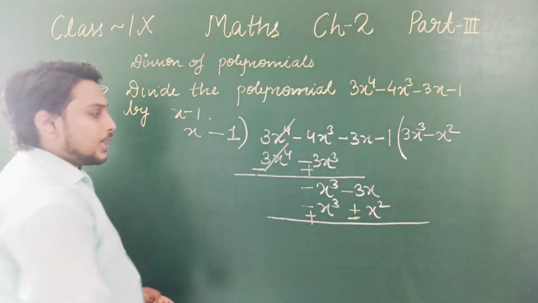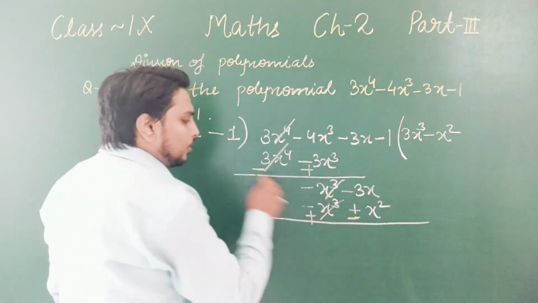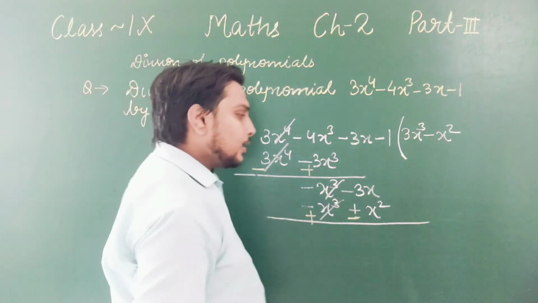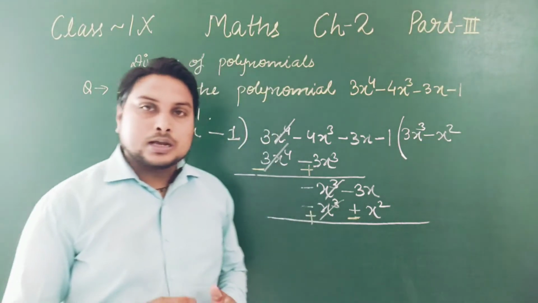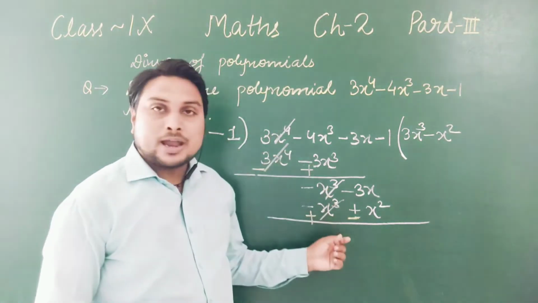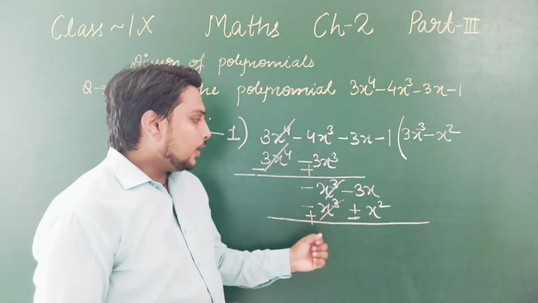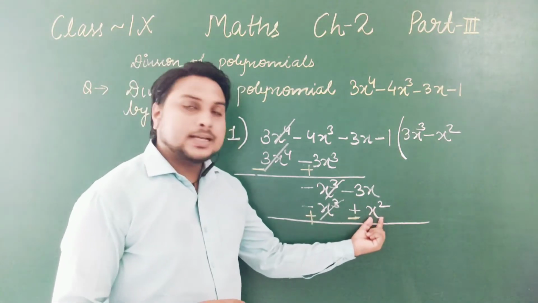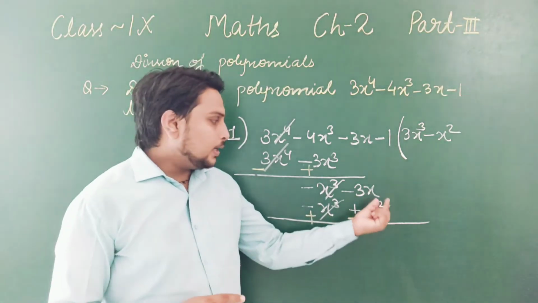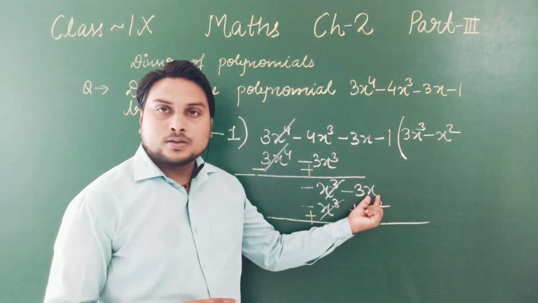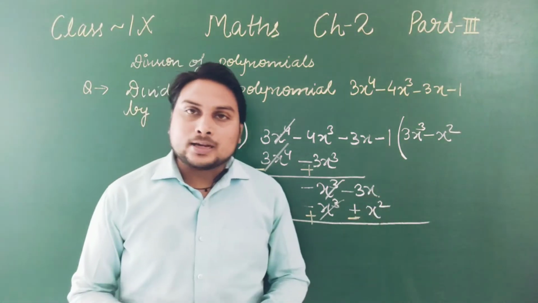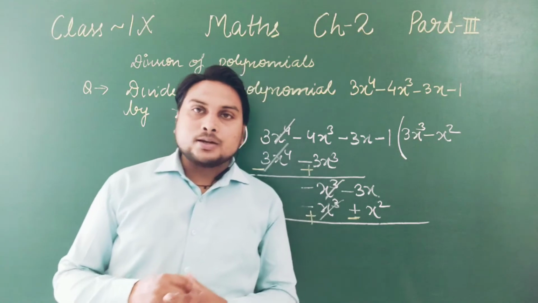Now this x cube and x cube will be cancelled out. One thing you have to care about here: it is x square with power 2, and here it is x. They are not like terms, so they will not be added or subtracted.